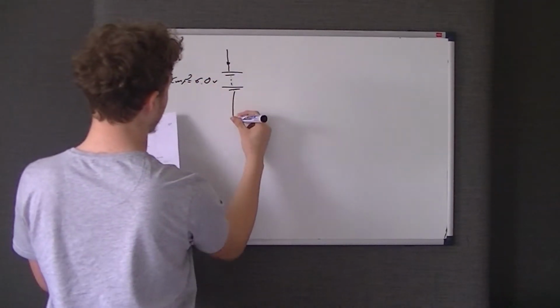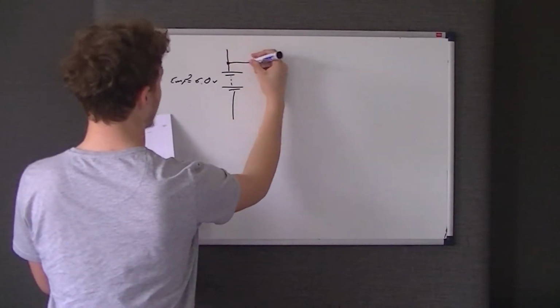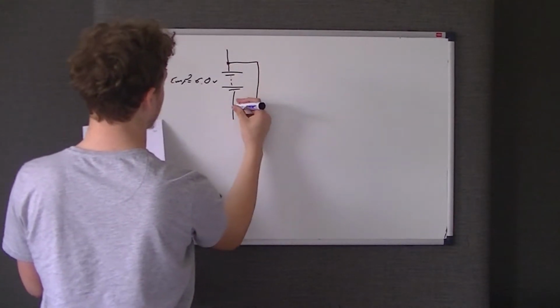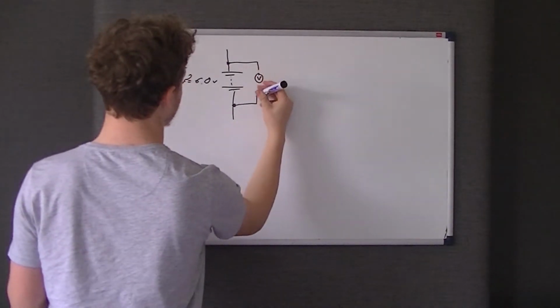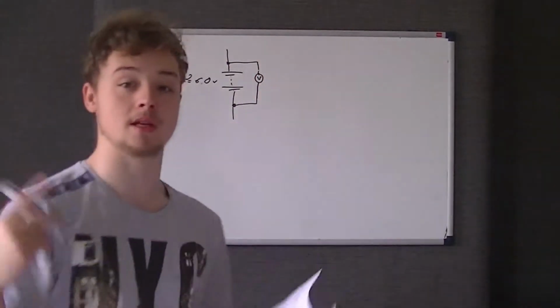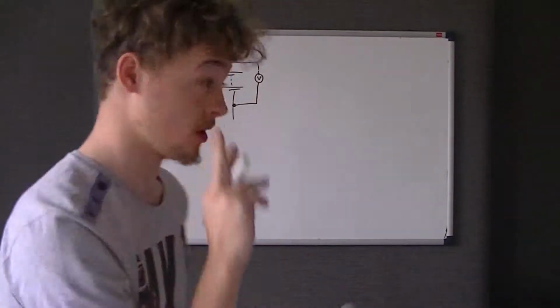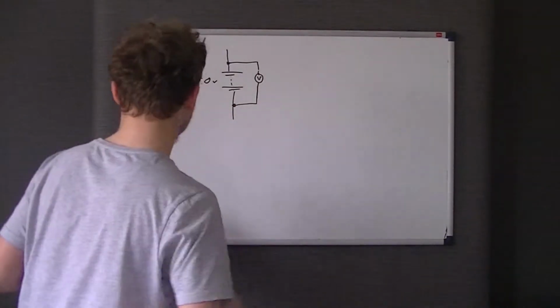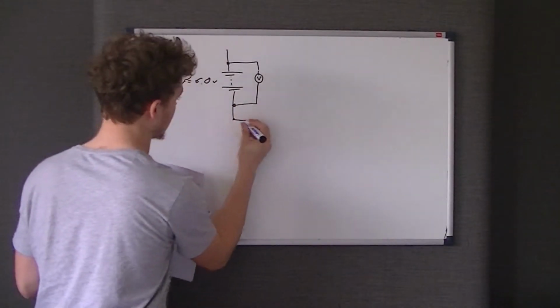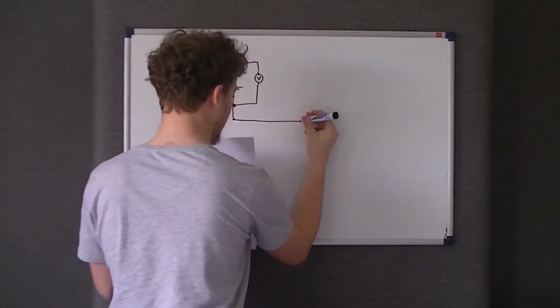There's a voltmeter across the terminal of the battery, and if they refer to the potential difference of this voltmeter, which is the potential difference across the terminals of the battery, then it is known as the terminal potential difference.